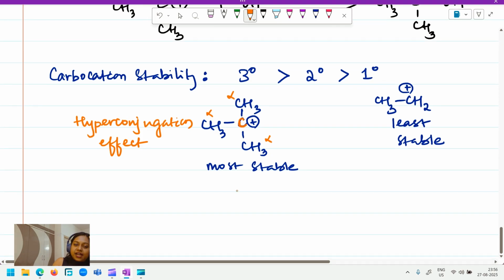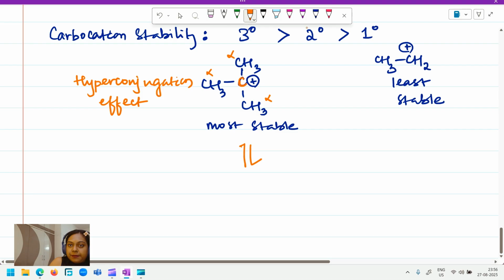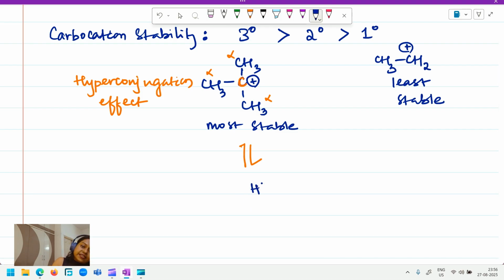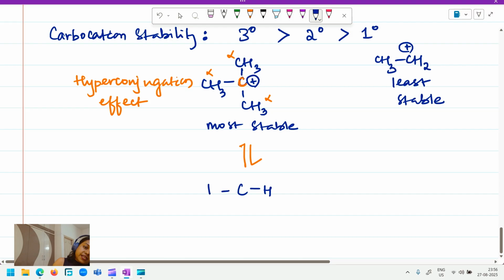It's not necessarily charge distribution, it's electronic movements. What I mean is, let's say one of the hydrogens gets released as H plus. I'll show you very quickly the mechanism behind it. I have a CH with one more hydrogen attached to a C plus, and then more CH3 groups. I just expanded one CH3 to show how the hyperconjugating structures happen.